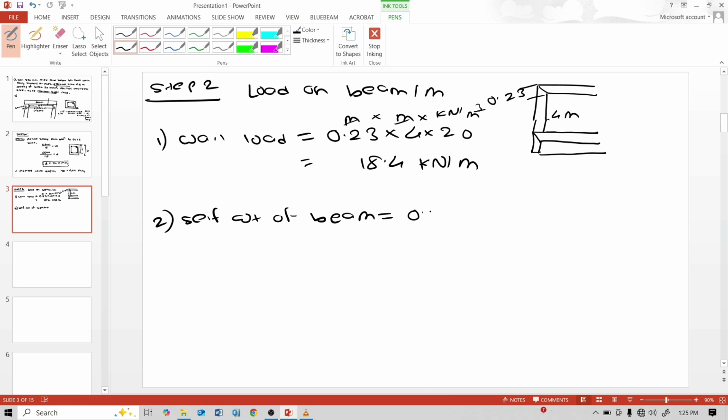So 0.23 multiplied by 0.4 multiplied by 25, the RCC density. Value comes 2.3 kilonewton per meter. So this wall load, 18.4 kilonewton per meter, uniformly distributed, and this self weight of beam act on beam.